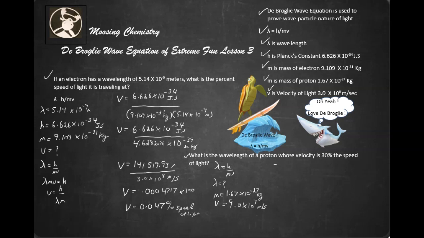So lambda equals, of course, de Broglie's Planck's constant on top, divided by the mass of our proton times the velocity, 30% the speed of light.